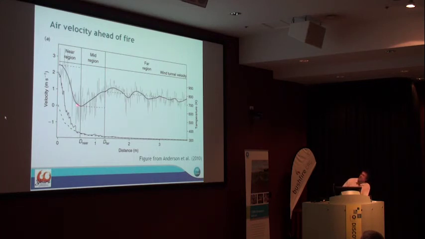And then as the flame approaches the fuel, that wind speed increases to a value much higher than the average wind speed. We don't know what happens in a real fire about this. We did some work in the wind tunnel, but in open conditions things might be a bit different. So this is probably the biggest unknown.